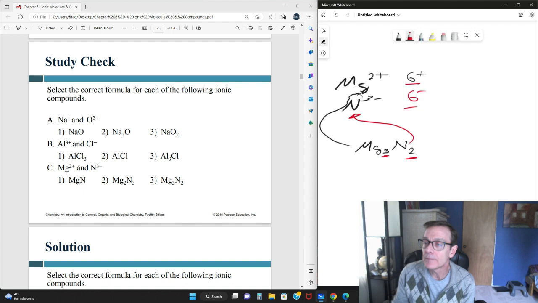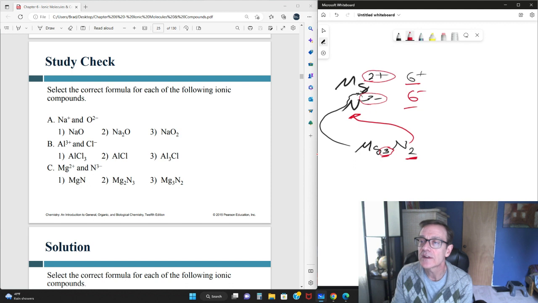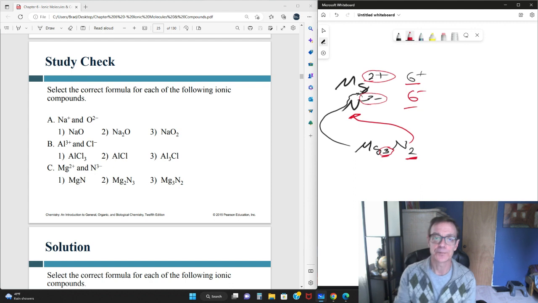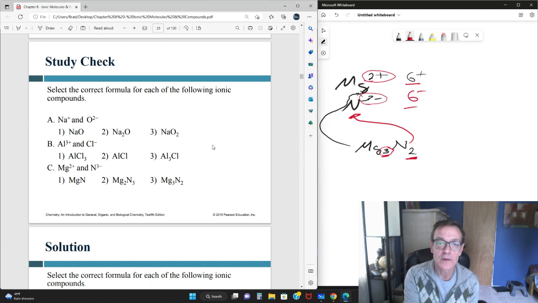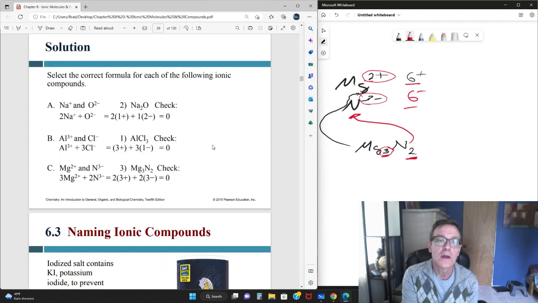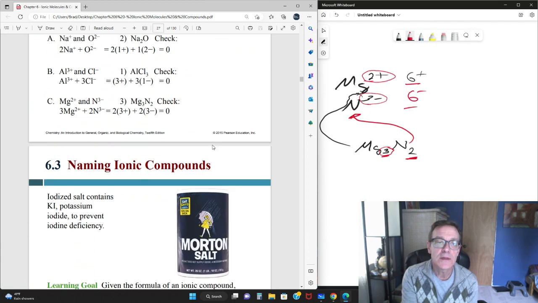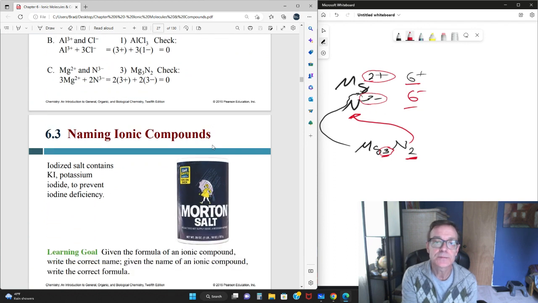But as long as you understand the reason for that happening, because we needed two of the nitrides to get to the 6 negative, and then we need 3 of the magnesiums to get to the 6 positives. Yep. Okay, and we did that, of course.